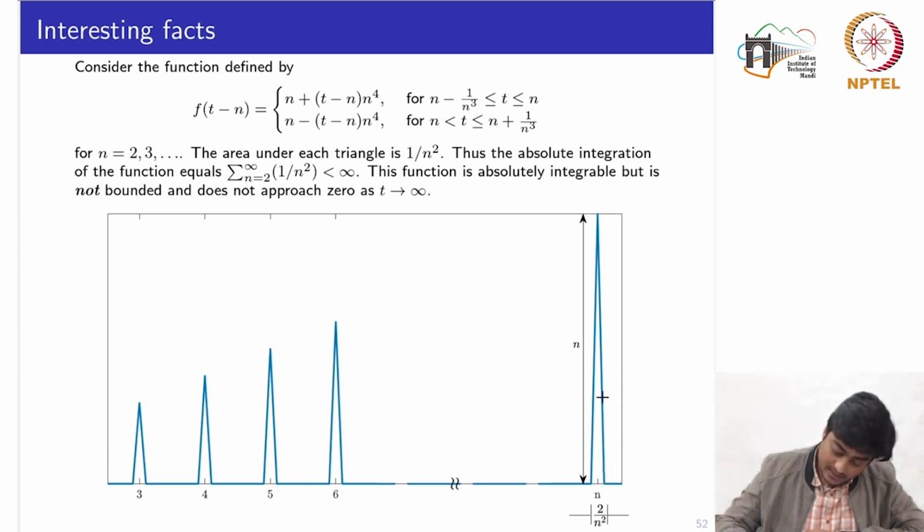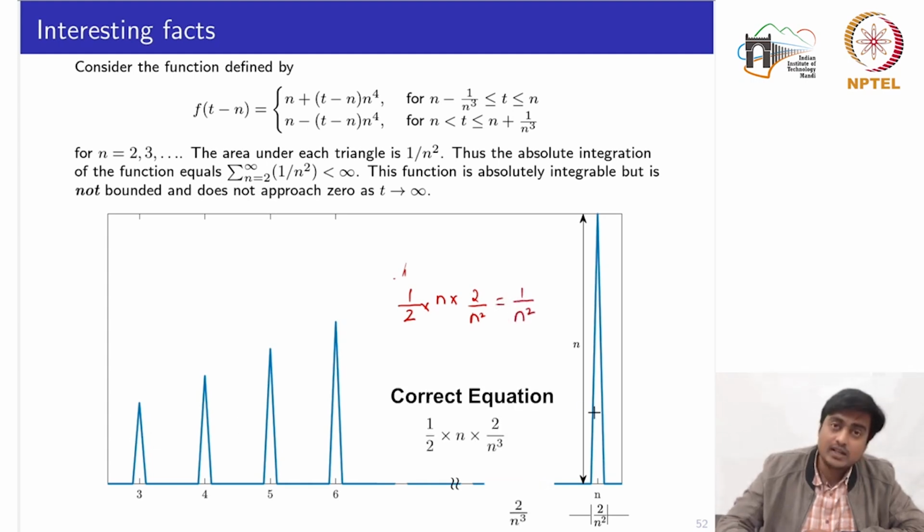Now you would notice that the area under every triangle is given by 1 by n squared. For the nth triangle, it is half the height n times the base, which is 2 by n squared, which basically comes to 1 by n squared. So the area of all these triangles is 1 by n squared.